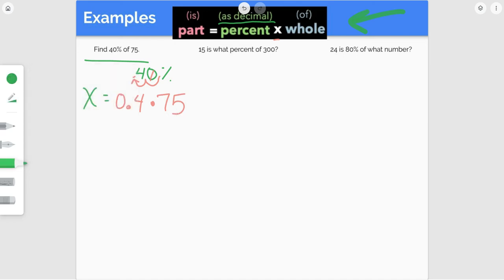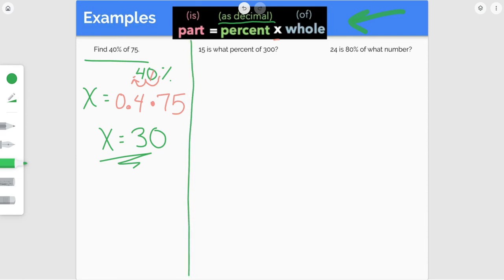Now I get out my calculator, right? And to solve for the part, I am just going to multiply 0.4 times 75. And I get x is equal to 30. So that means 30 is 40% of 75. This is my part. All right.